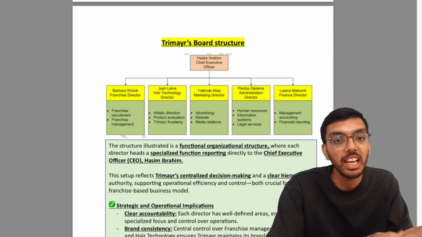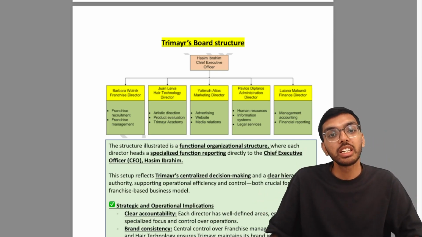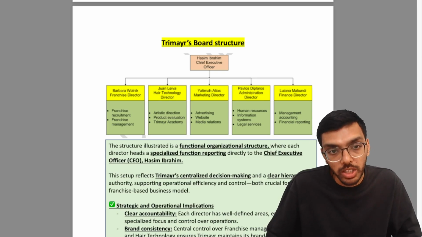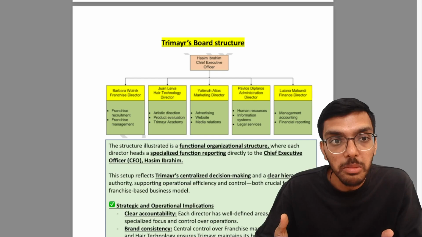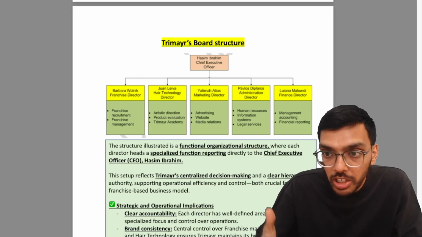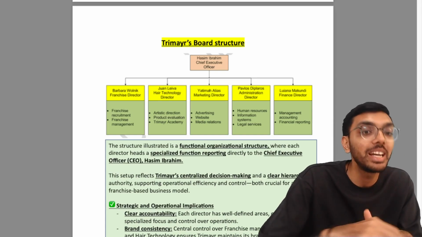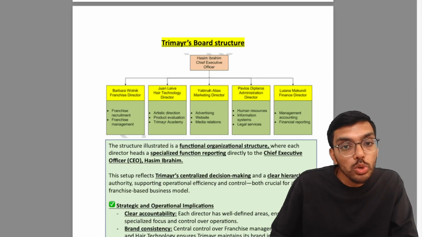Marketing accountability lies with Yatima. So in the same way, because of a functional structure, there is very clear specialization, very clear accountability. Just know that within your E2 syllabus, there is the option to expand into a divisional structure or a matrix structure as the organization continues to grow.